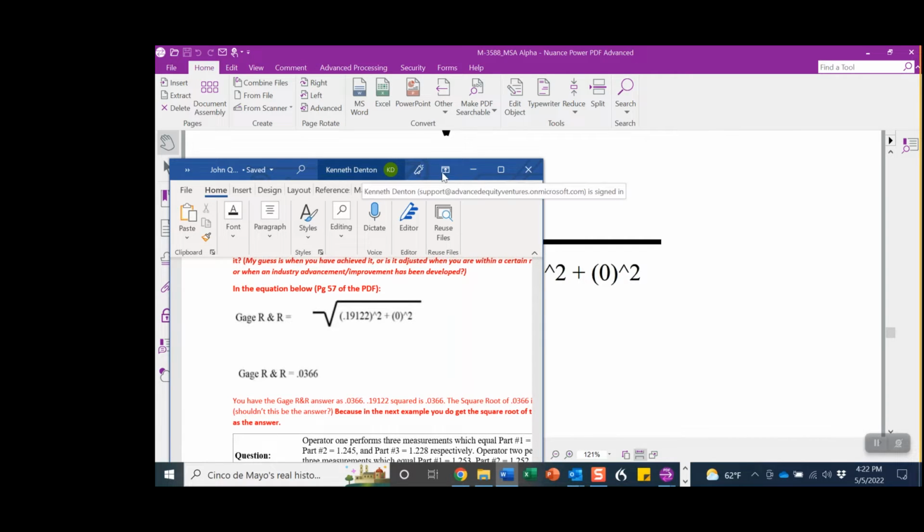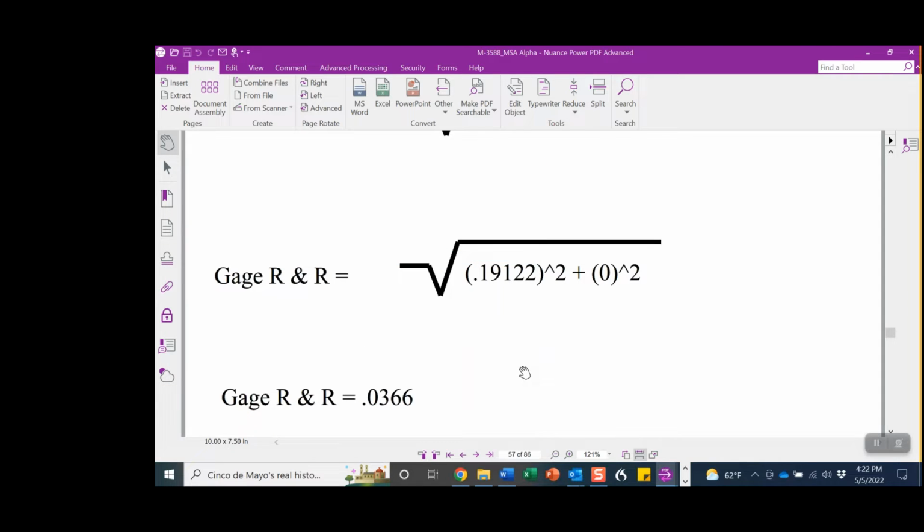Yeah, that's messed up. Aha, well, good. I was getting confused there. Yeah, no, that should be 0.19122.